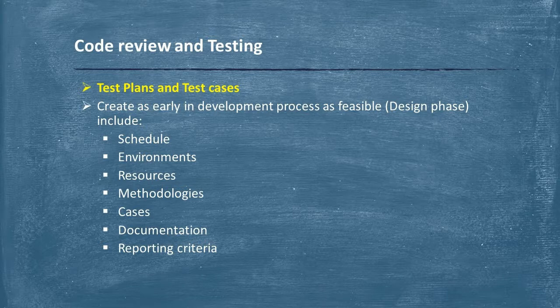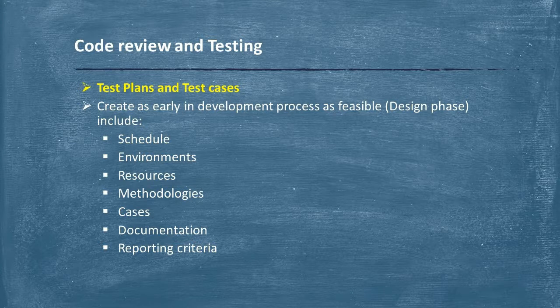The test plan includes schedules for when the different activities will happen, like when the design review will happen, when the code review will happen, when the integration testing will happen. The plan contains the schedule.